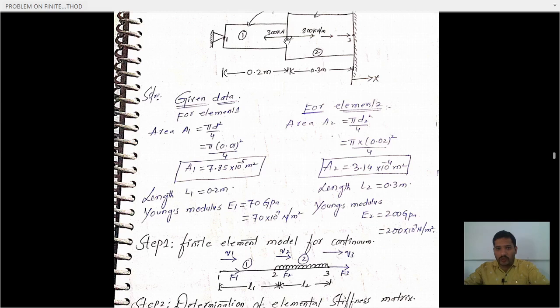Joining the second node to the third node forms element E2. From the second to the third node, the UDL force is acting on this element. That is what I am representing here.